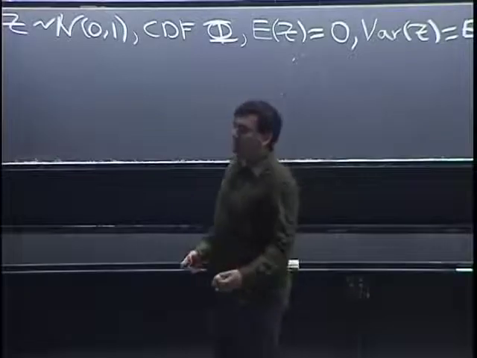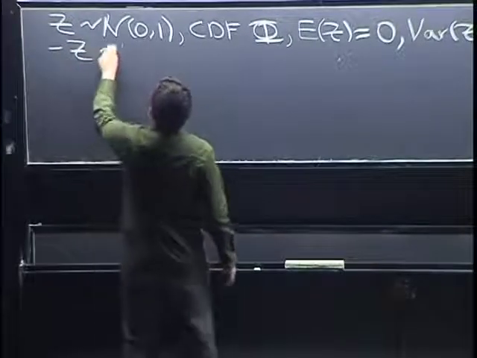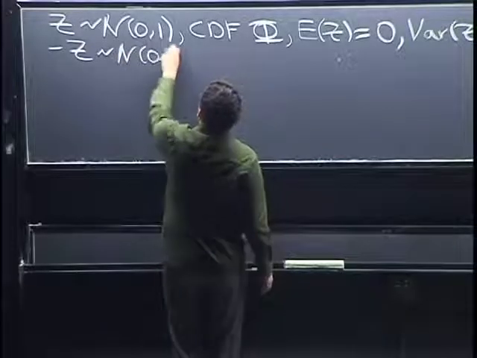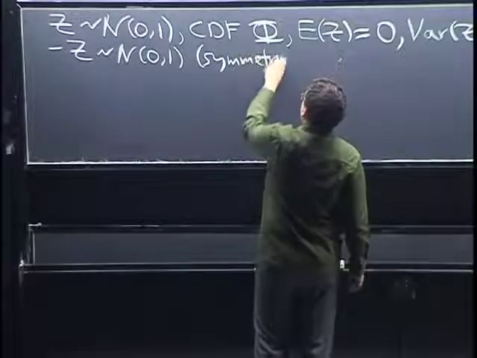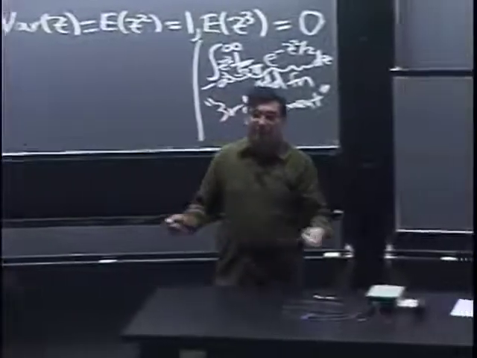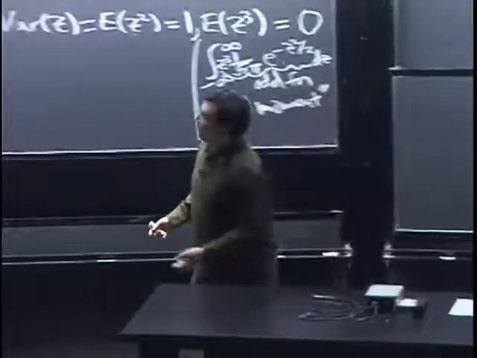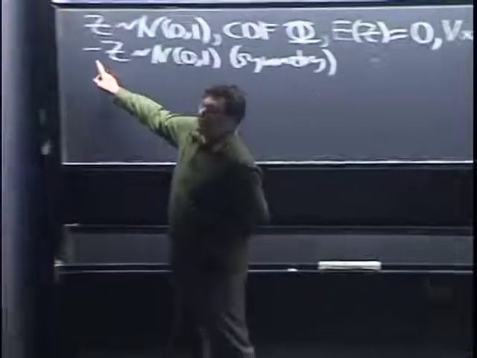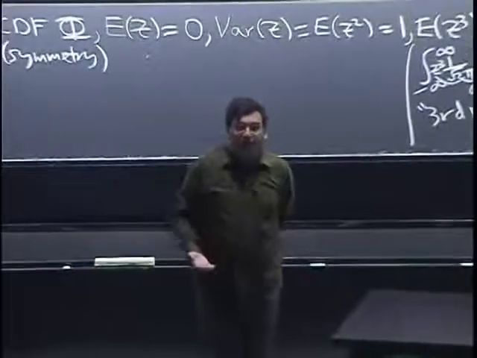Let me mention symmetry one other way, which is that minus Z is also standard normal. That's just another way to express the symmetry. The PDF is this bell curve that's symmetrical about 0. So if you flip between plus and minus, just flipping the sign, that changes the random variable.